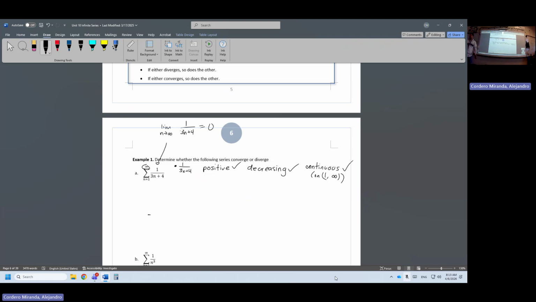Cool. Okay, so that's just me covering my bases, making sure I check the requirements. Then here's us actually doing the integral test, which just says take the integral of, give me a sec.